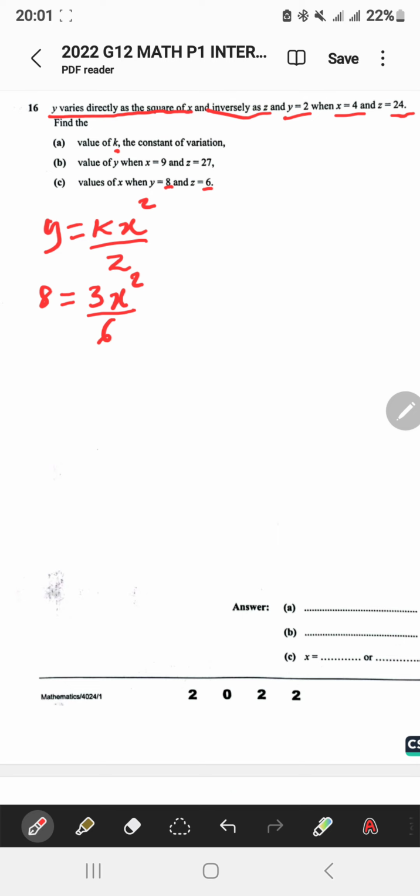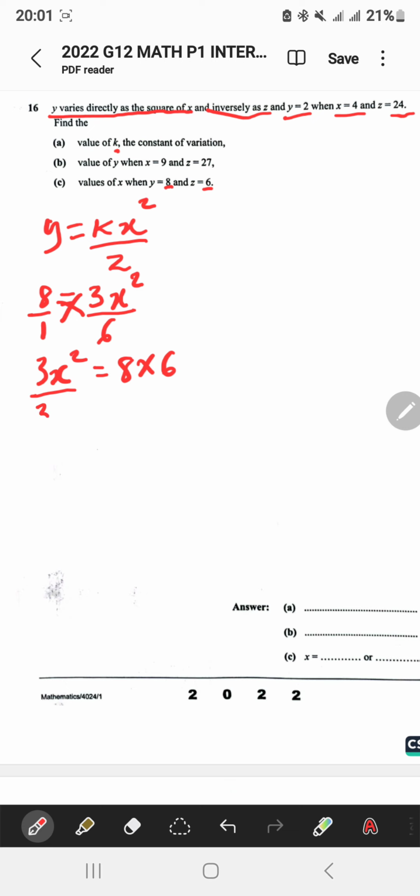At this point, we'll simply cross multiply. When we cross multiply, we are going to have 1 times 3x squared, which will give us 3x squared is equal to 8 multiplied by 6. So we'll simplify to get rid of 3, which is the coefficient of x squared.